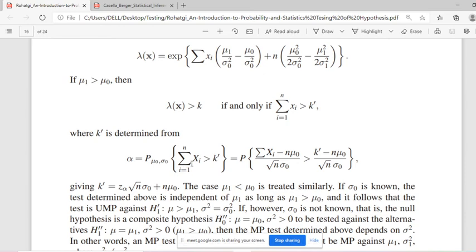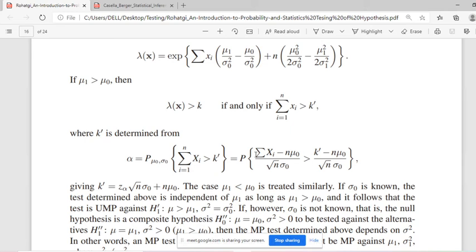So this is the condition. So alpha is equal to probability of summation x greater than k dash. That is, we can standardize like this: subtract n mu naught on both sides and divide by root n into sigma naught on both sides. So that this can be considered as set. That means set greater than k dash minus n mu naught by root n sigma naught.